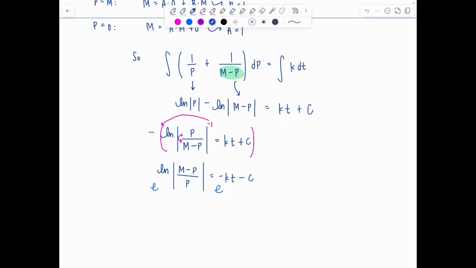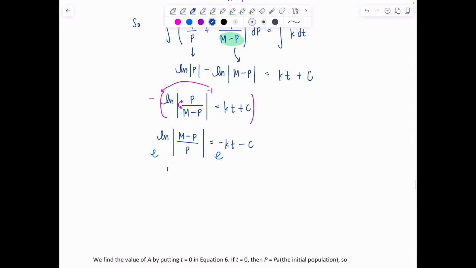Then we have absolute value m minus p over p equals e to the negative kt times e to the negative c. Okay. And then let's clean up in here. I have absolute value m over p minus 1 equals e to the negative c times e to the negative kt.